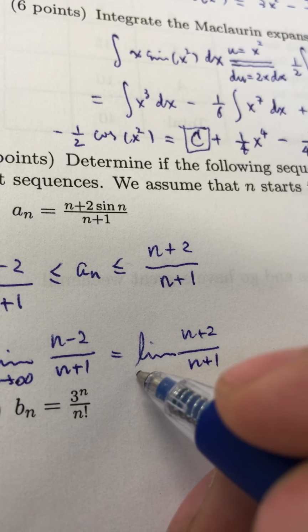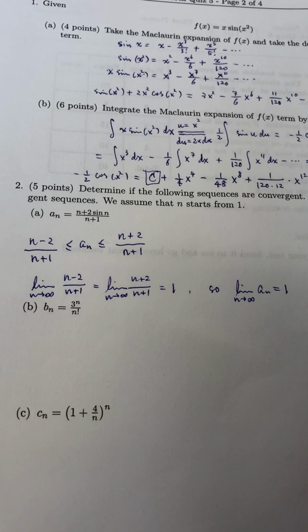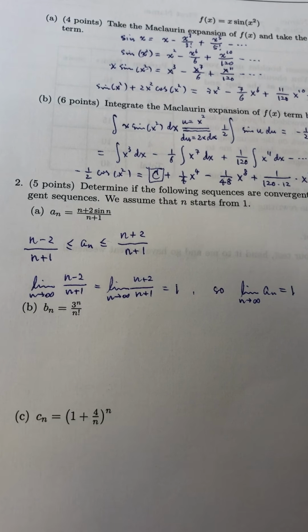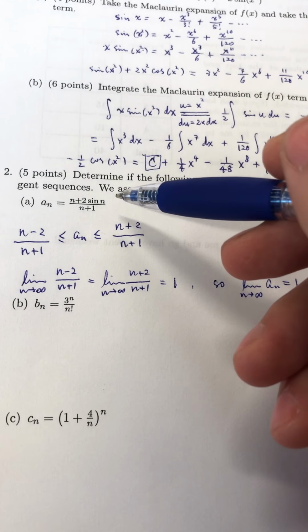So by the pinching theorem, the limit of an is also equal to 1. Again, we use the fact that sine n is between -1 and 1.